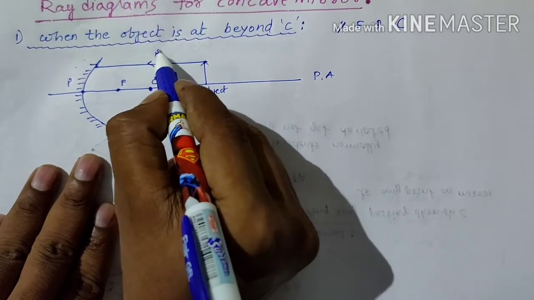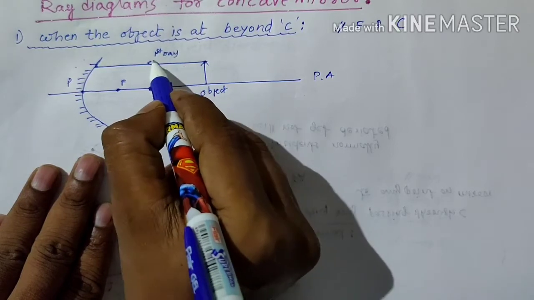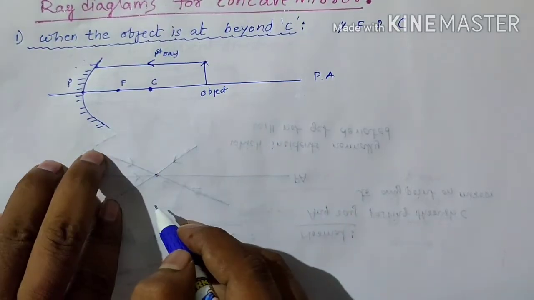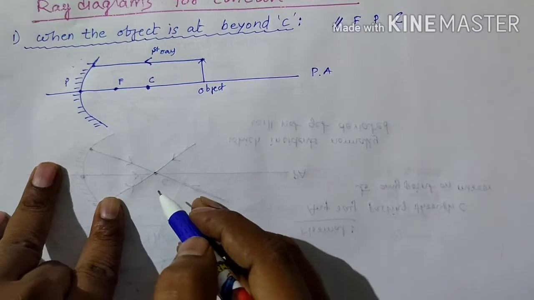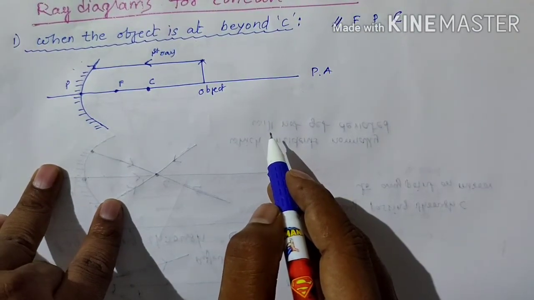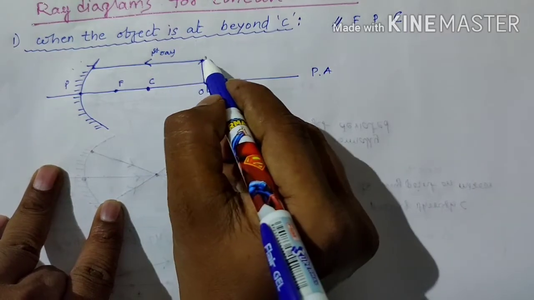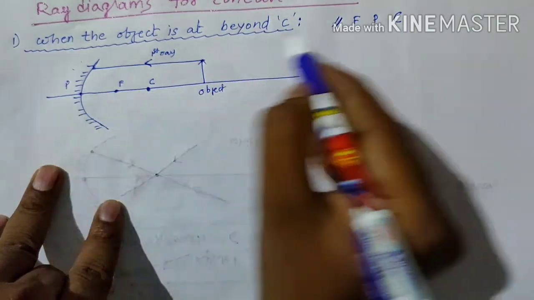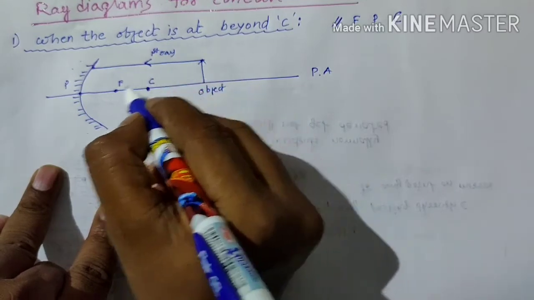So this is the first ray, which is parallel to the principal axis. And now I have to draw another ray from here. For this I am taking a ray which is passing through focus. What is the second one? The ray passing through focus.